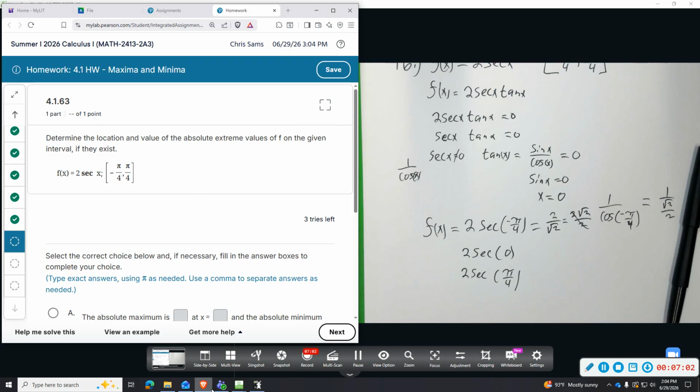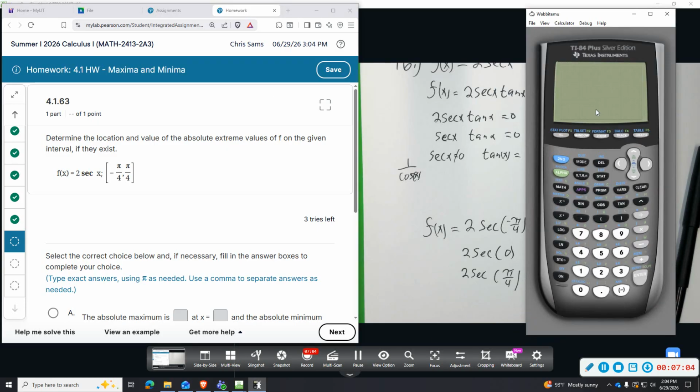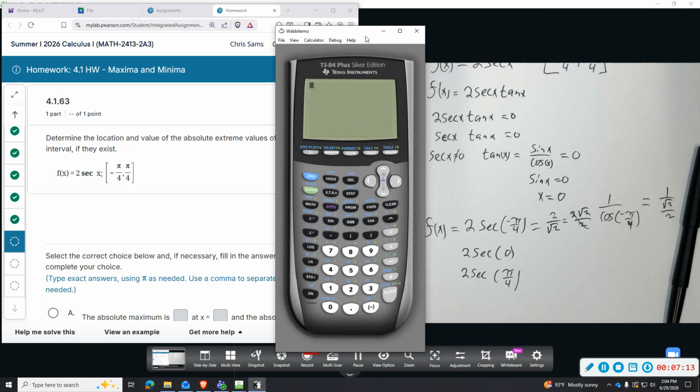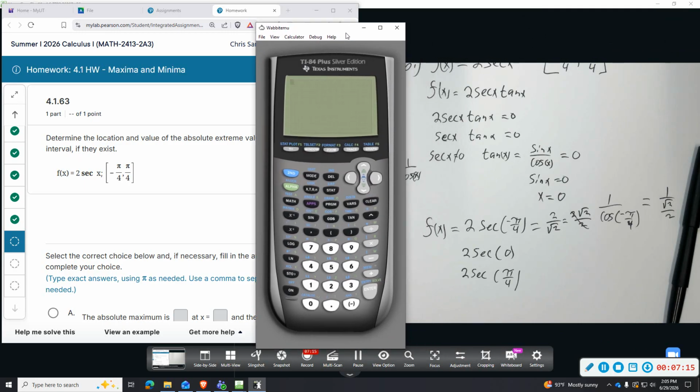Usually there's no way to really see it, but you look at the decimal approximation. So if we look at 2, well, yeah, I want to do 2 divided by square root of 2.